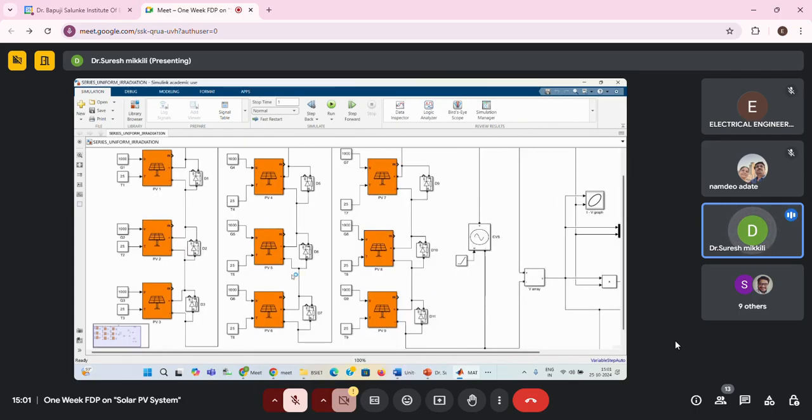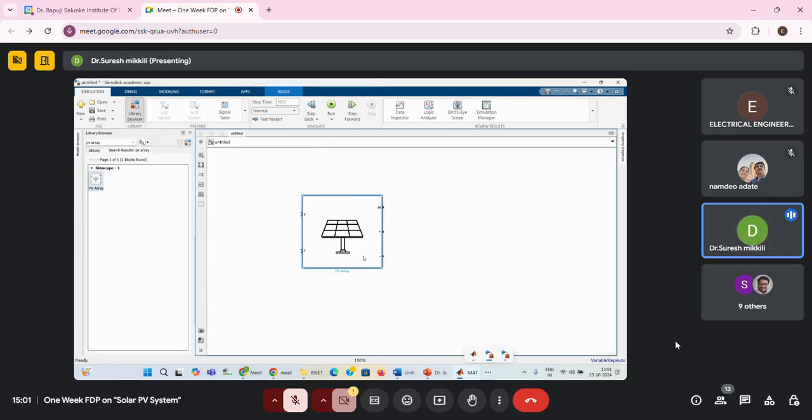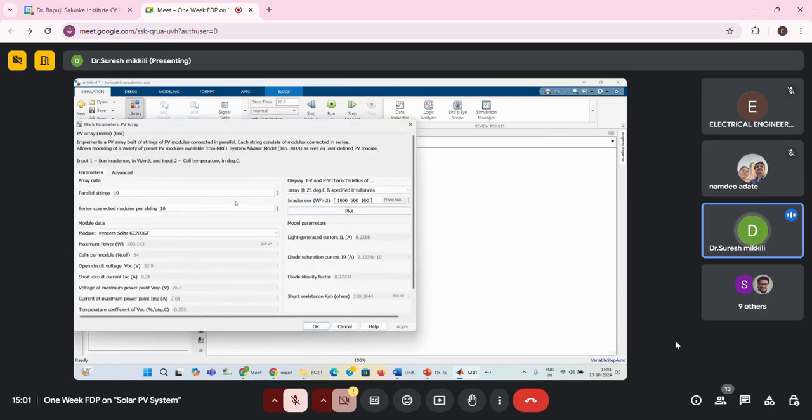So here, how many modules have I taken? 3 by 3. Can you observe this? Now what I need to do: I have taken one module, I will open the previous one and show you. So here I have taken one module.